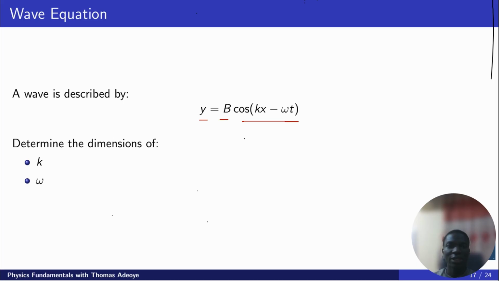What you should not forget is the fact that this cosine is a trig function. Because it's a trig function, it is dimensionless, or we can say that its dimension is unity, that is 1. So its argument, kx minus omega t, must have a dimension of unity.